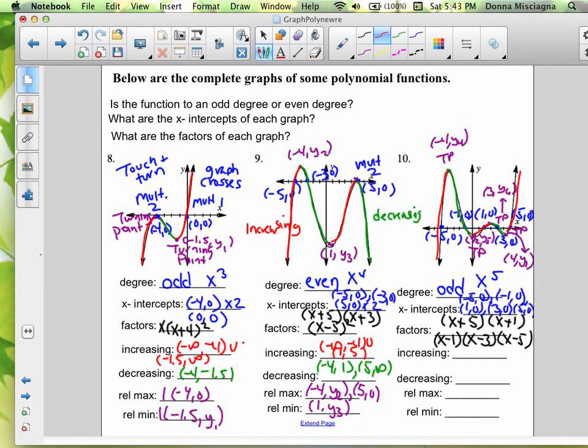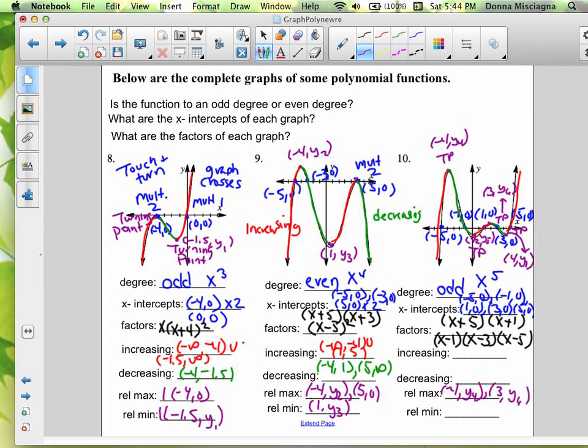So we're increasing from, oh, I didn't put the relative max and mins in. I'll do that real quickly and then do the increasing, decreasing. Relative max at -4 and y4. Another one at 3, y6.